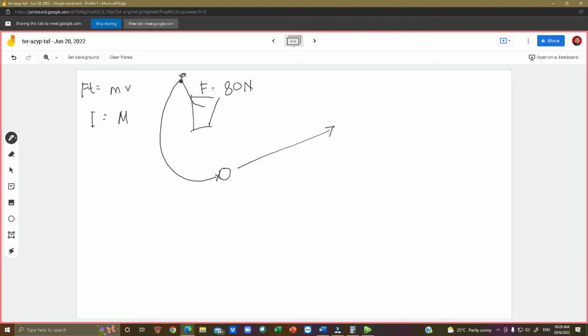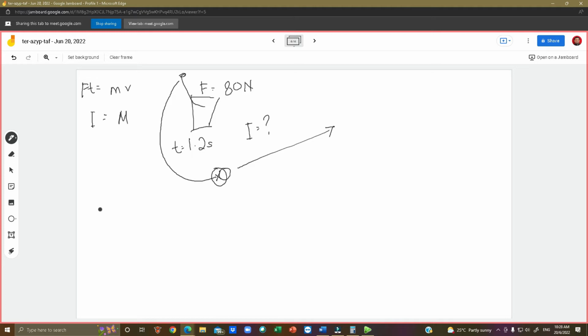And then the swing itself, katalah this action of swing takes 1.2 second. So how much impulse will be inflicted to the ball after the club contact?